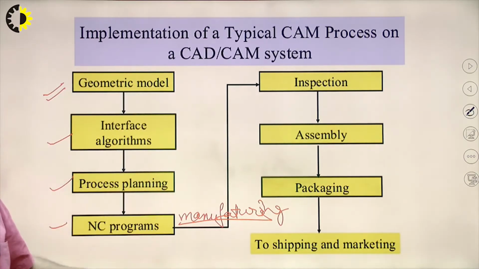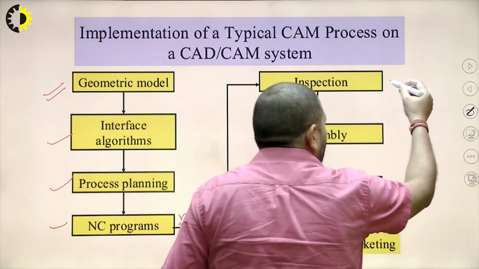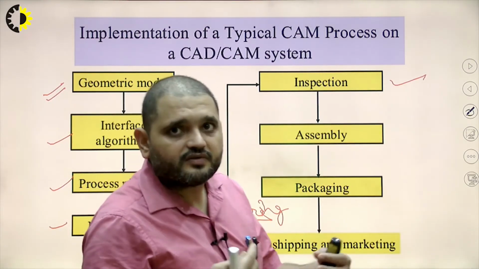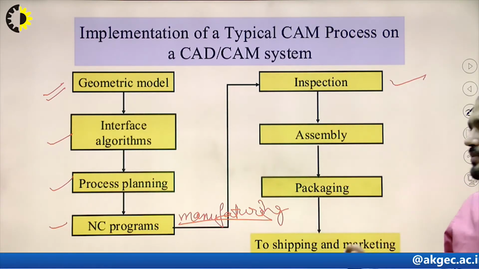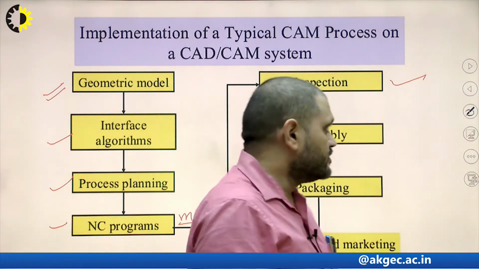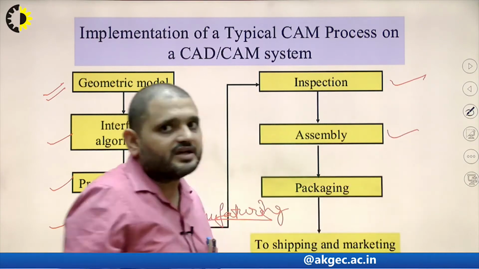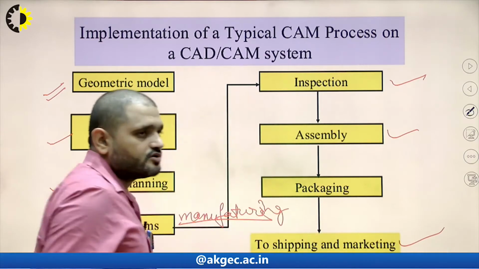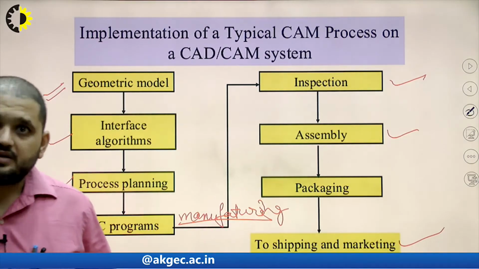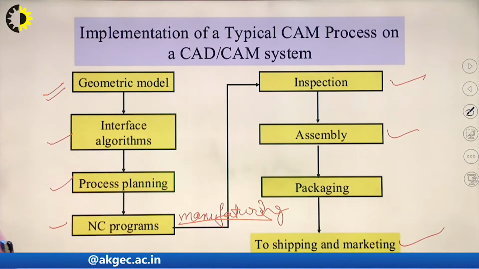Then after manufacturing, inspection is done. If there are a number of smaller components, we assemble them to make the final product. Then comes packaging, and after packaging, shipping and marketing, so that it can reach the customer from where the need arises.